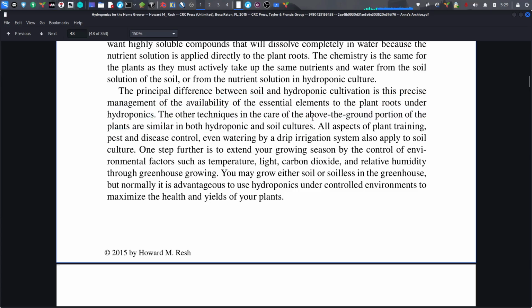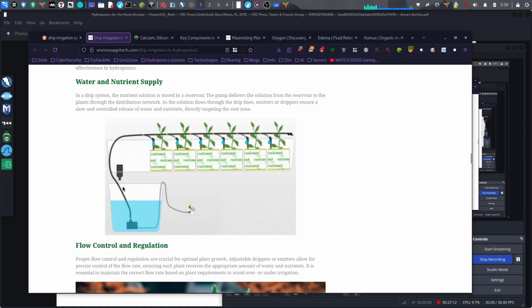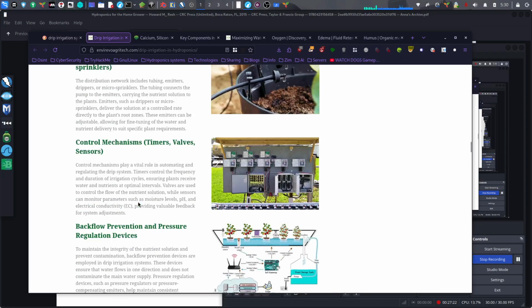All aspects of plant training, pest and disease control, even watering by a drip irrigation system, also apply to soil culture. What does irrigation system mean? Let's check. See this: pump, flow, nutrient solution, and this pot into tank.